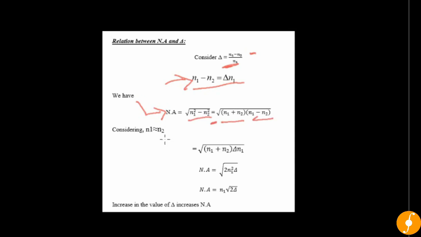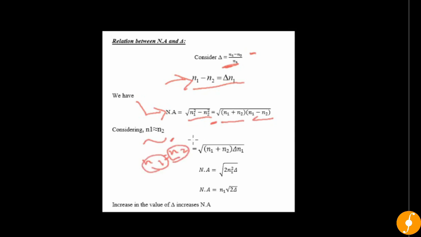Now if we consider the refractive indices to be almost the same, which means n1 is equivalent to n2, we can place n1 equal to n2. So wherever we have n2, we'll write n1.